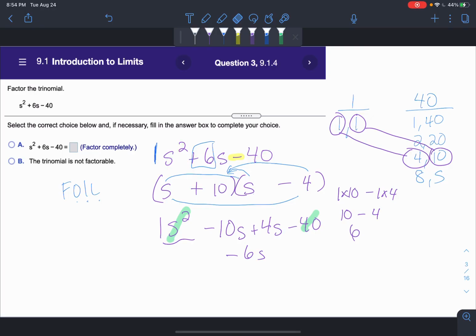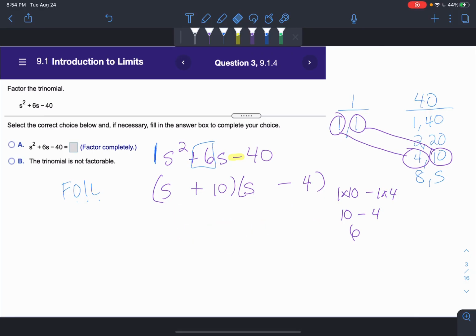Now if we do FOIL one more time, we should have the same answer that we started out with. So this is how you can guess and check. First, s times s gives us s squared. Outer, s times minus 4, minus 4s.